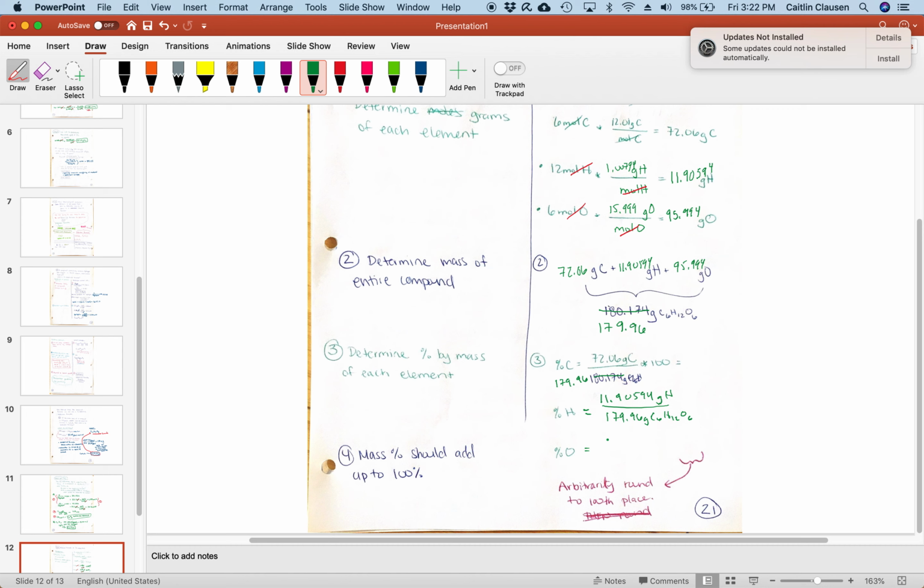And for oxygen, that is 95.994 grams oxygen divided by 179.96 grams C6H12O6.